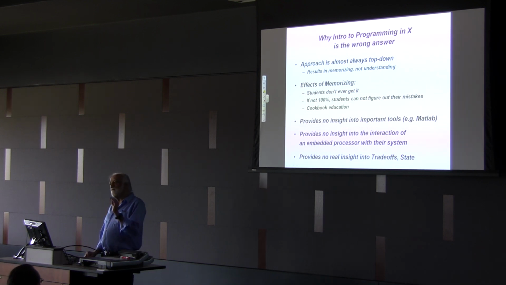But that other 5% got me driving around in circles for the next 2 hours looking for my hotel. I finally said, okay, screw it, and I went to the police station and they told me where the hotel was. If it's not perfect, it doesn't work, and the problem is if you memorize it, you can't figure out what you did wrong. My way, the student can figure out what he or she did wrong and can correct the mistake.